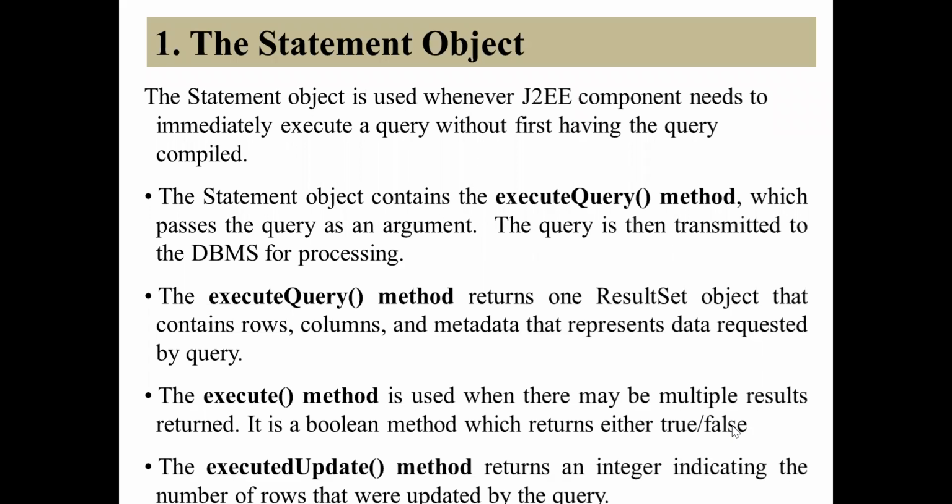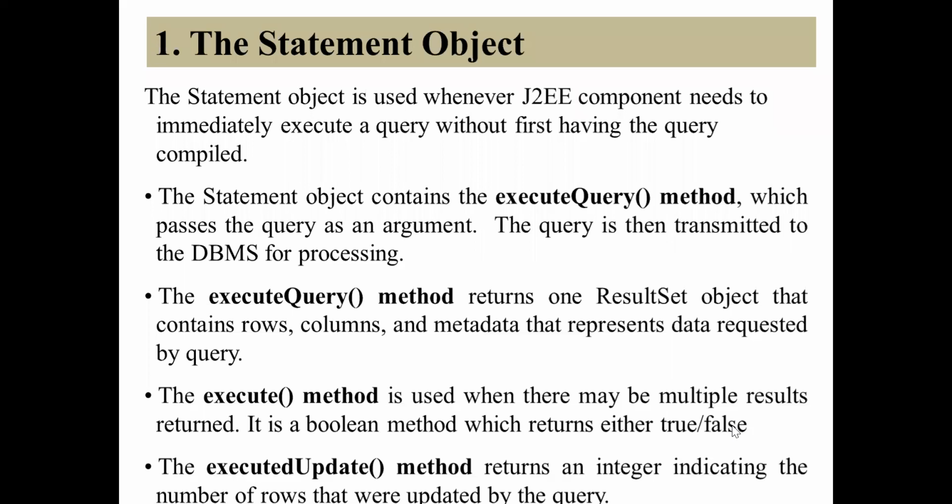Once the database has processed it, the executeQuery method returns one ResultSet object. That ResultSet object contains rows and columns and some metadata that represents the data requested by the query.